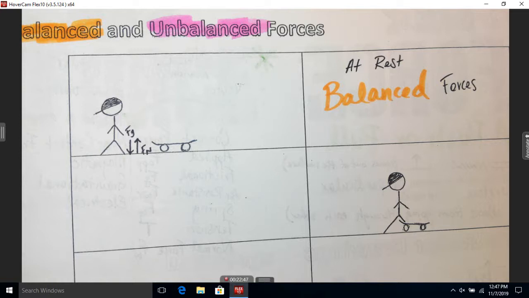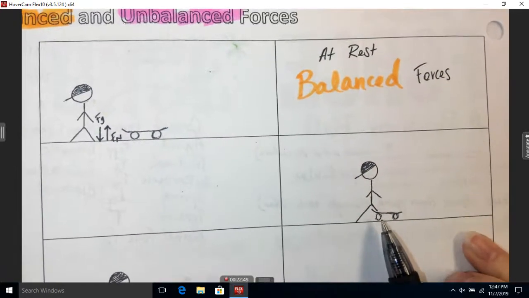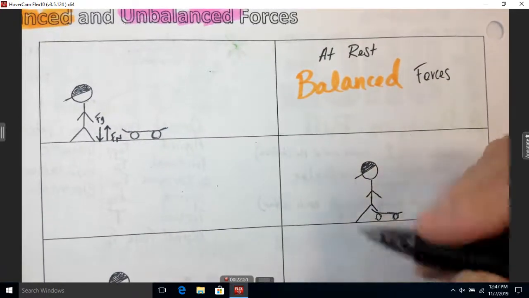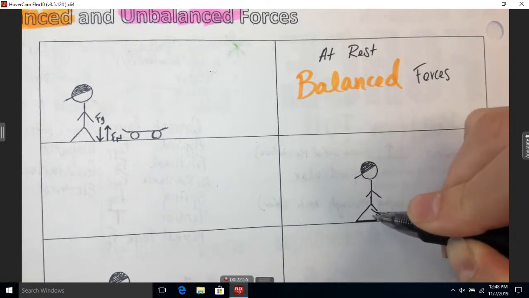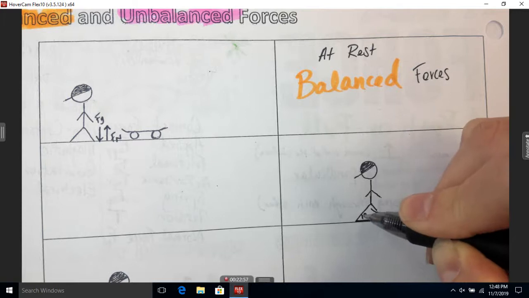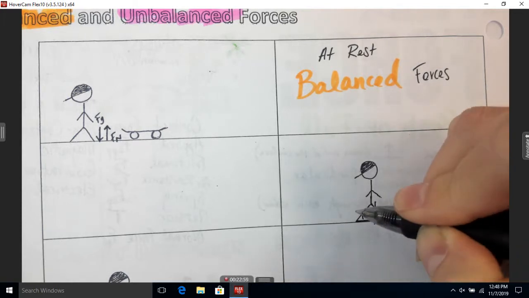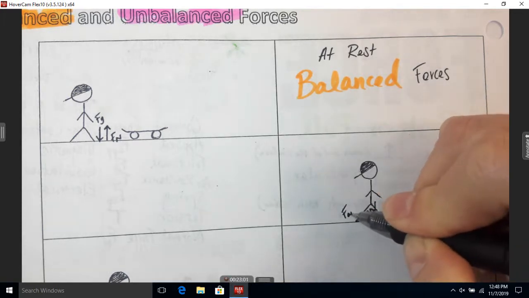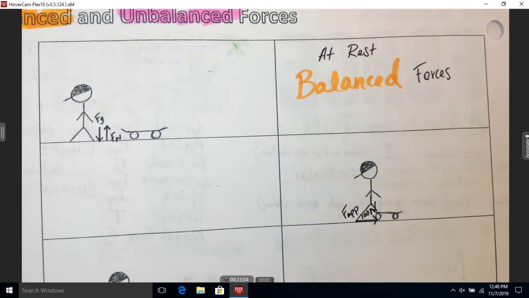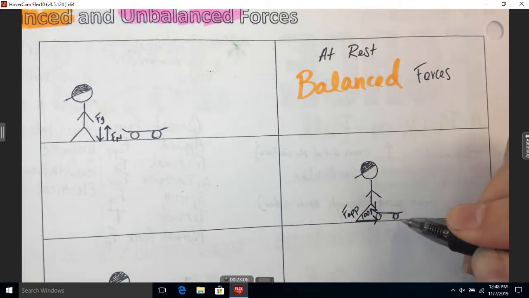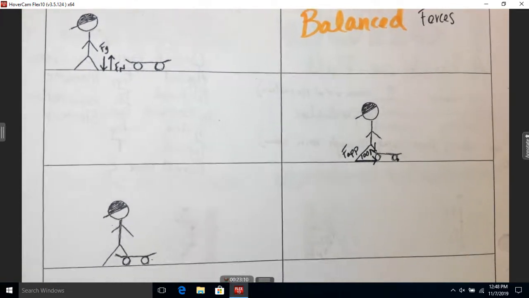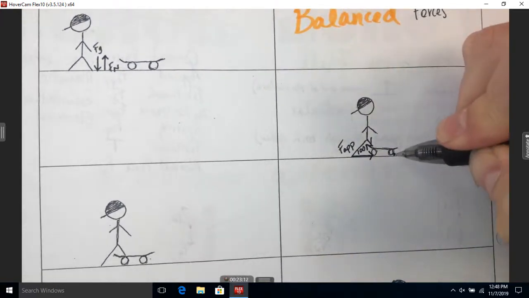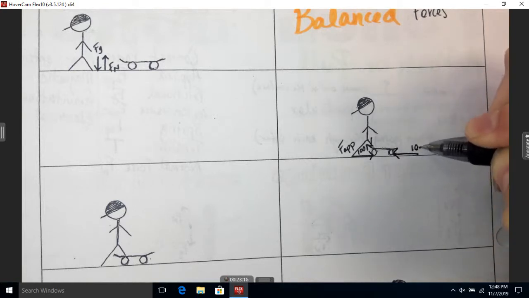Okay? Now, he wants to actually take off. So he puts his foot on the ground and he pushes on the ground with 100 newtons of force. But right here at this tire, there's a little rock. And that little rock is saying, I'm going to push with 100 newtons of force.